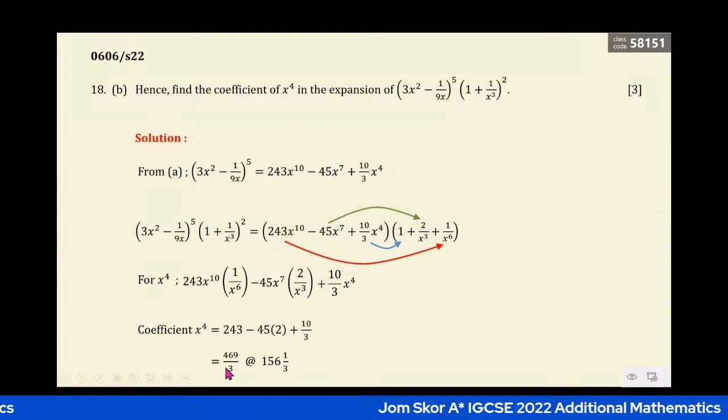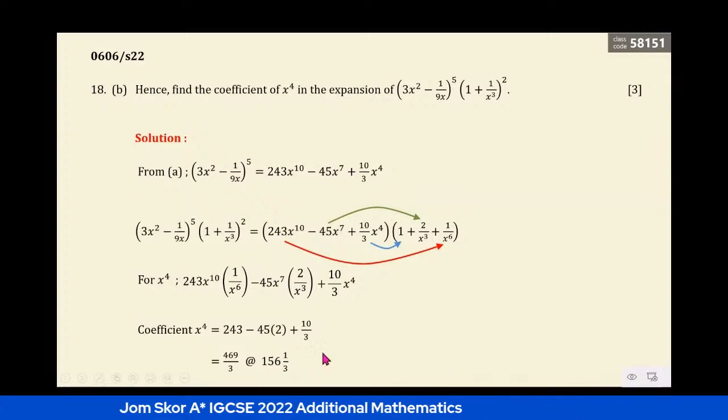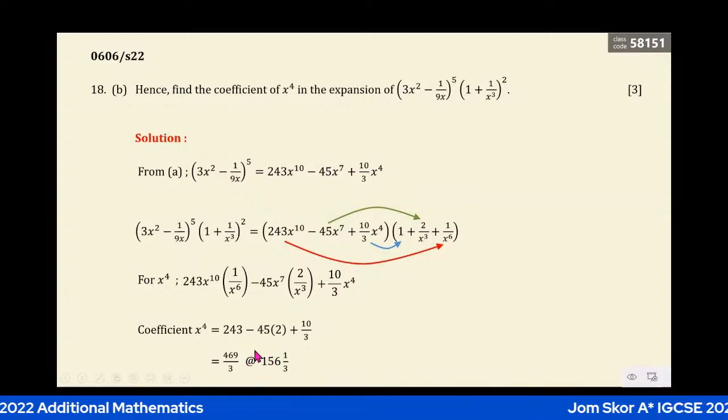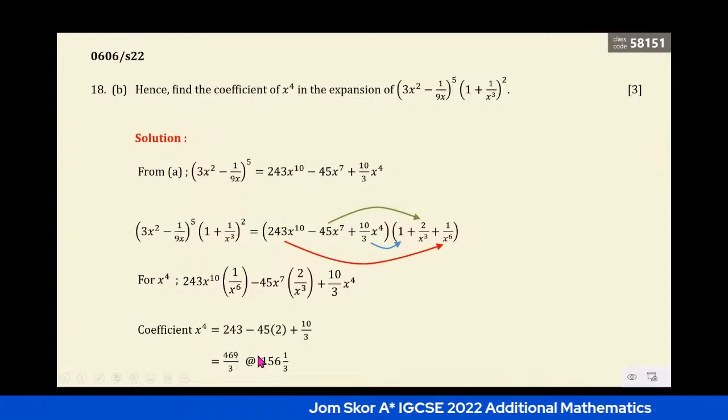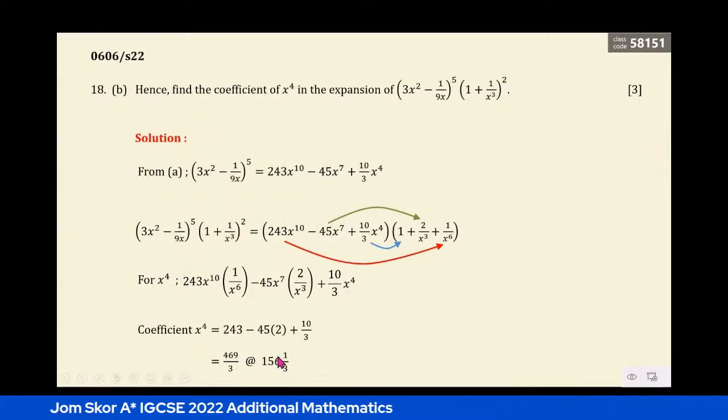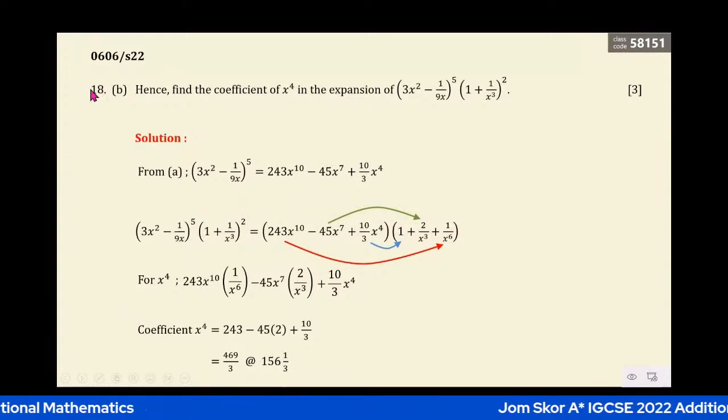So you must give it in fraction form like this. Your scientific calculator will help you much to get the fraction. Okay, answer in fraction. Okay, alright. So we stop.